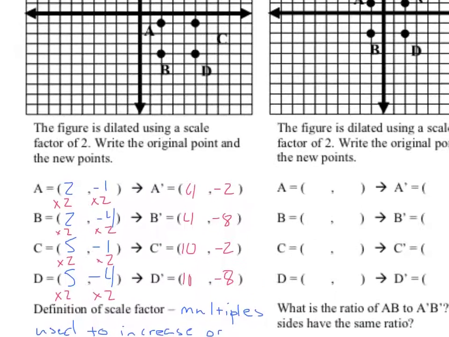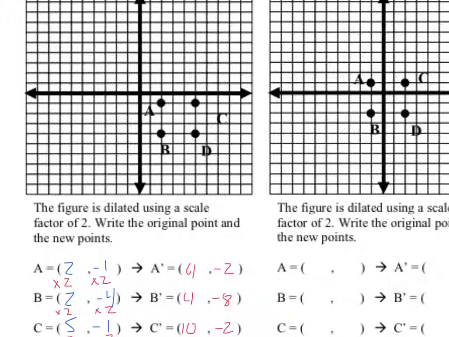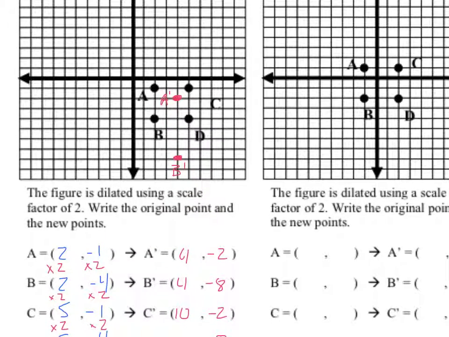Well, let's go ahead and graph these to figure it out. 4, -2. This is where my A prime is supposed to be. And 4, -8, that's where my B prime is supposed to be. C prime is supposed to be at 10, negative 2.